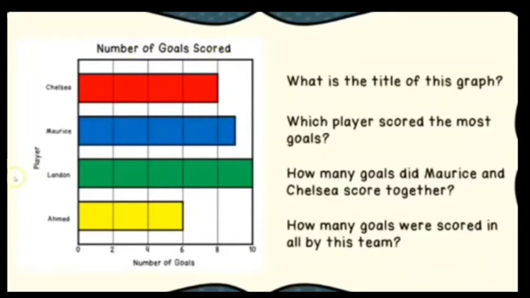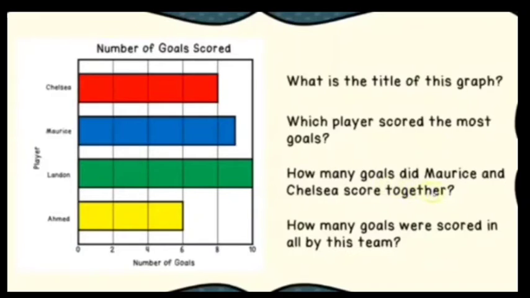First, the title is number of goals scored. And the next, which player scored the most? Here the green bar is the most one. Now, how many goals did Morris and Chase score? First you observe that one is 8 and the next one is 9.